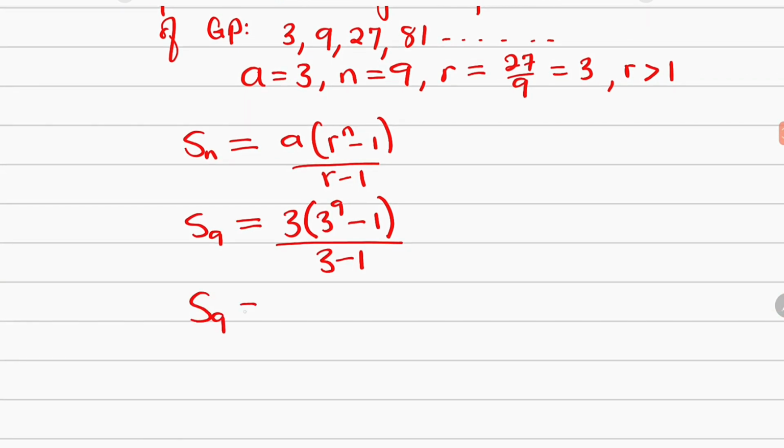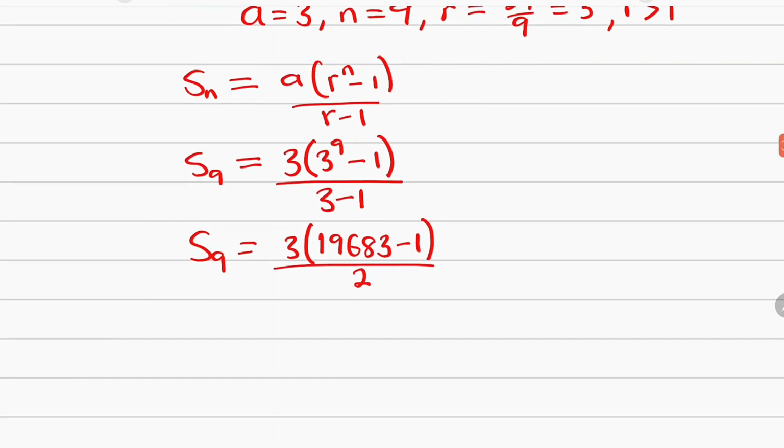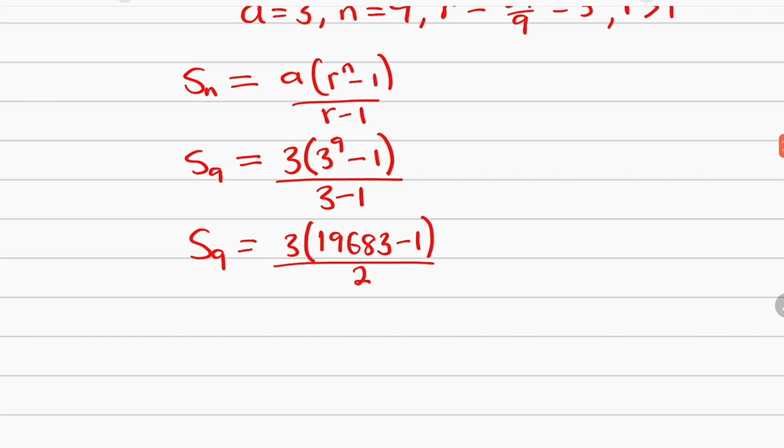S9 equals 3 multiplied by 3 to the power of 9 is 19,683. Then minus 1, divided by 2 because 3 minus 1 is 2. I want to take it step by step.